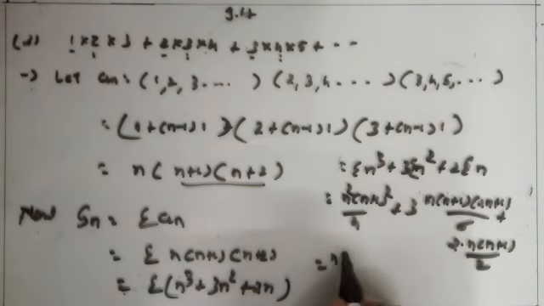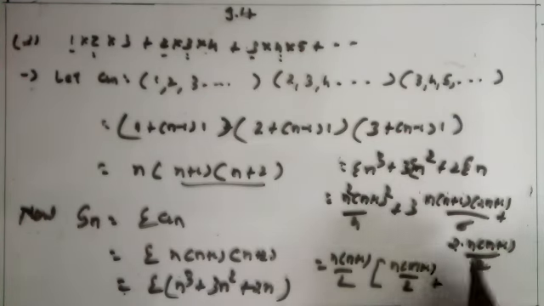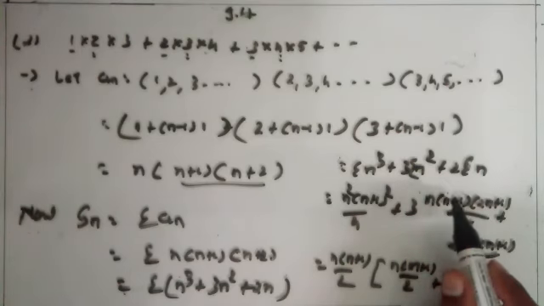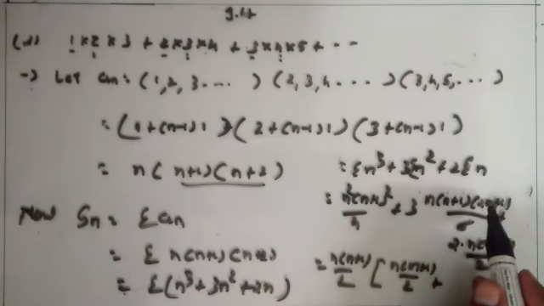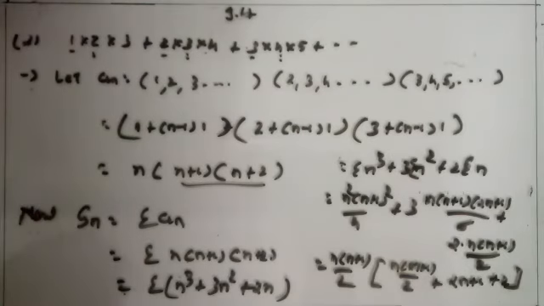So we get n(n+1)/2 into bracket, remaining terms: n(n+1)/2, plus here 3 upon 6, that is 1 by 2, into (2n+1), plus 2 only. Clear? Now simplify this.